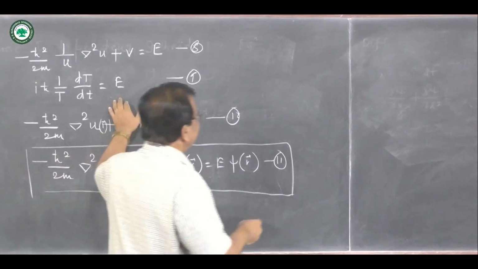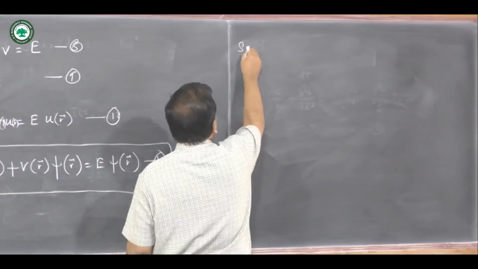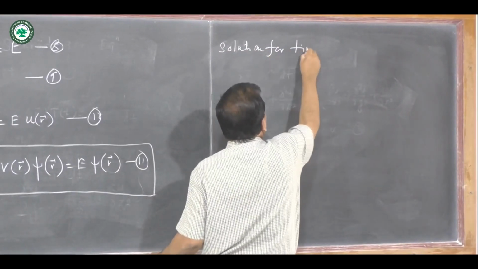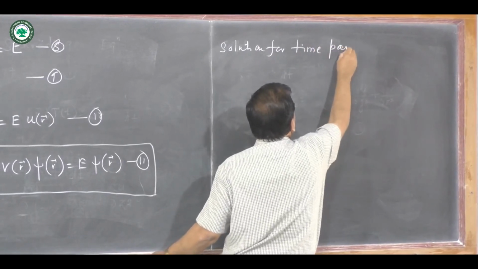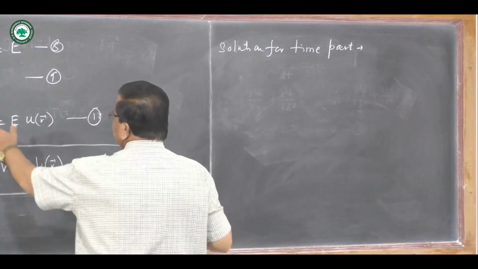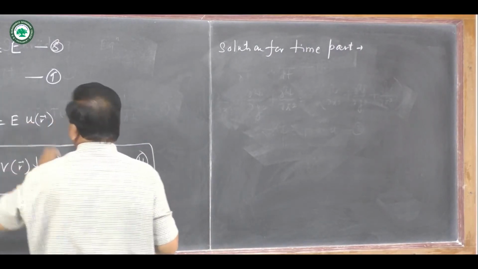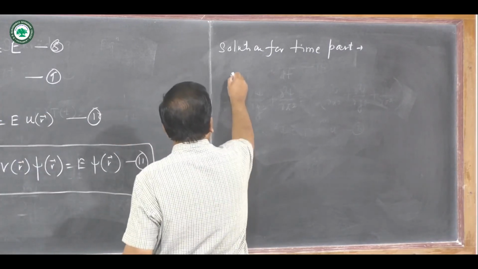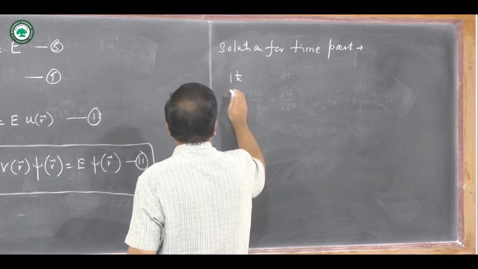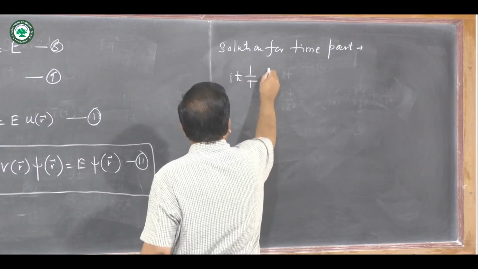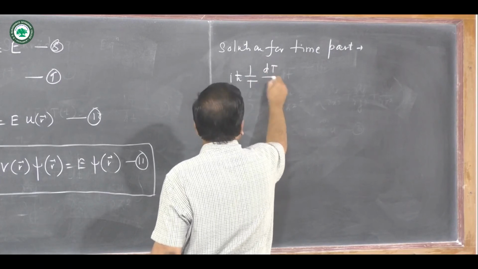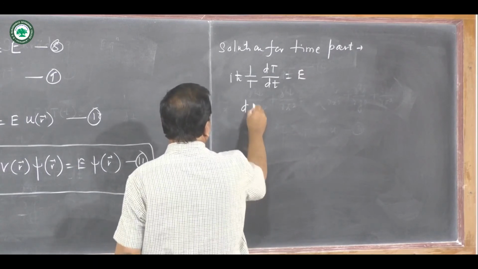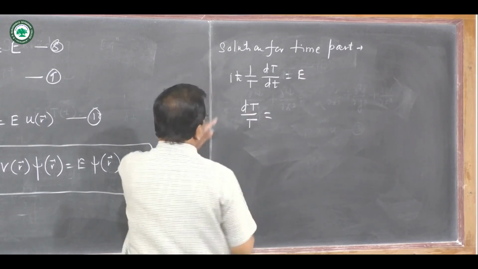So the next part is the solution for time part. Let us consider this RHS, which has been equated to energy E: i h cross, 1 over T, dT by dt equal to E. So I am writing this as dT upon T, and this goes to that side.